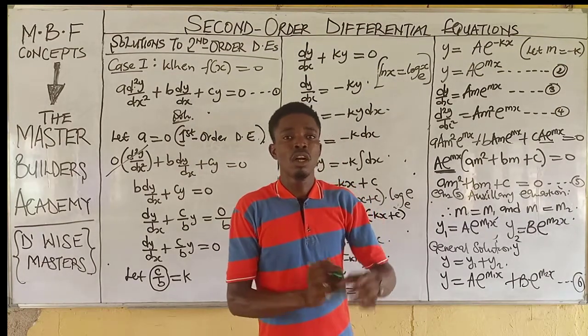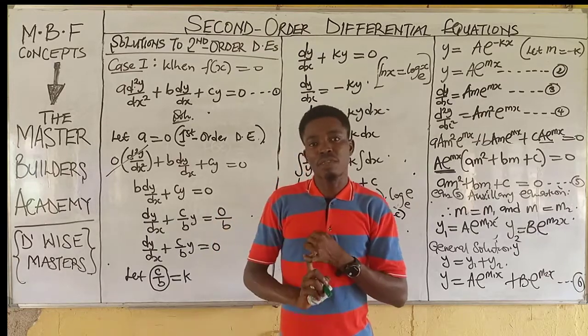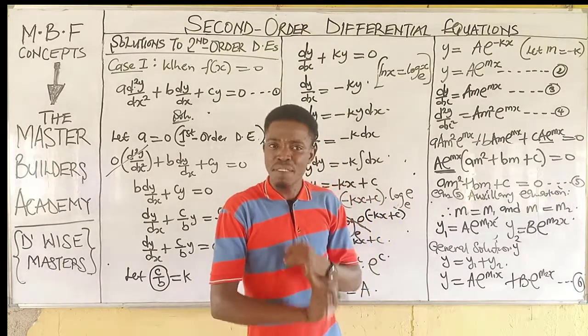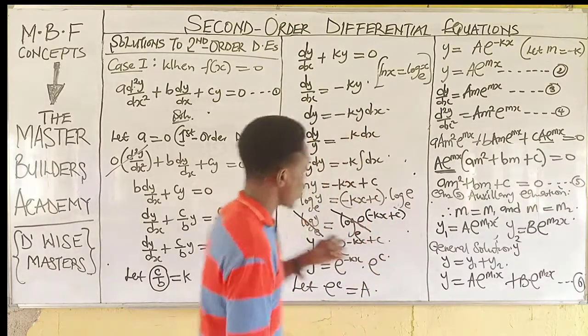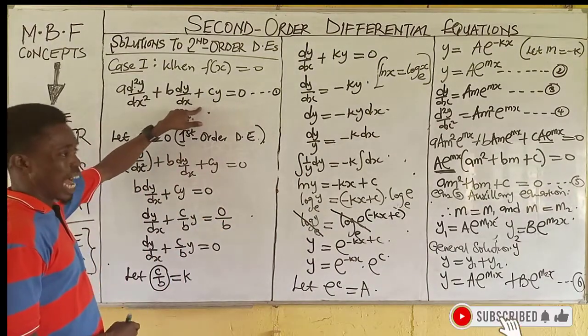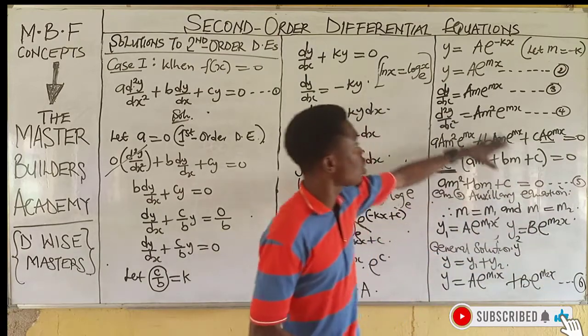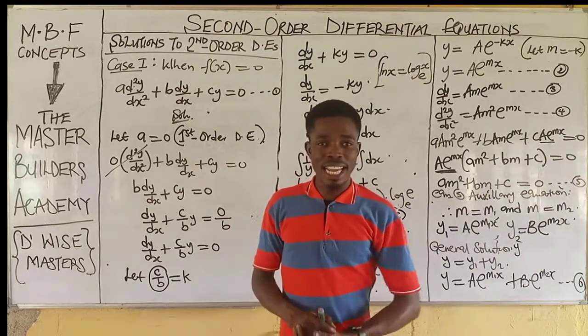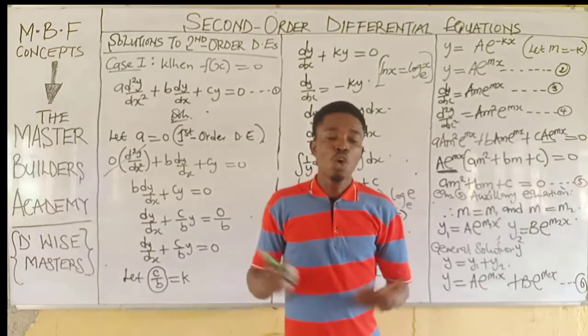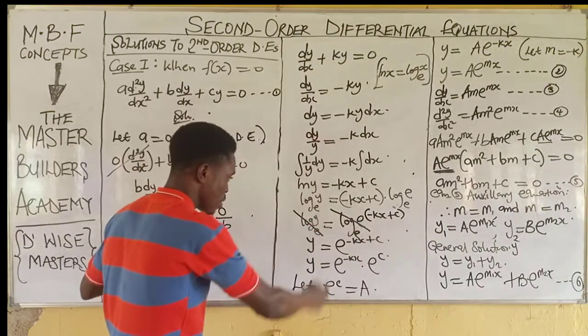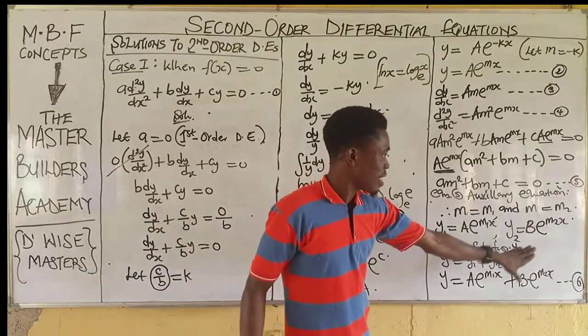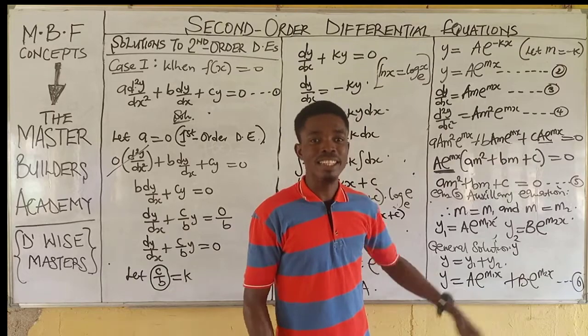But understand that for you to be able to solve second order differential equation very effectively, you must understand equation 1, equation 5, and equation 6. All other equations that you have here are not necessary at all. We just use all of these steps here to derive the auxiliary equation and the general solution.